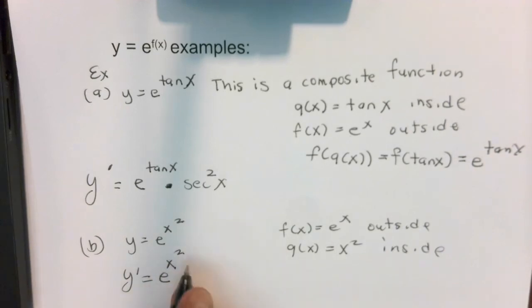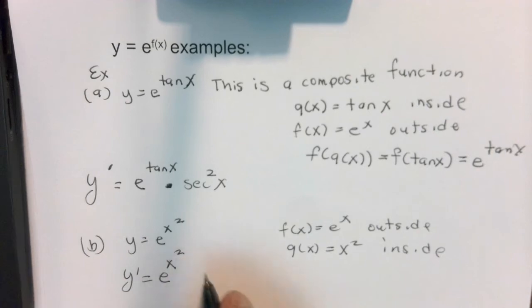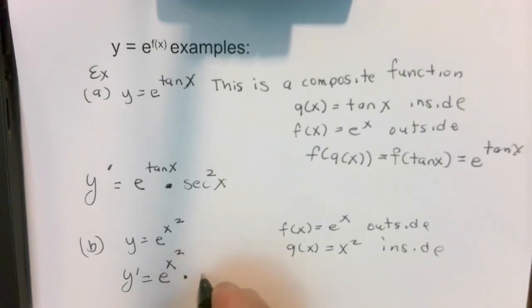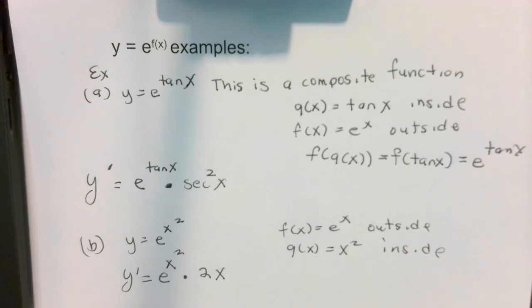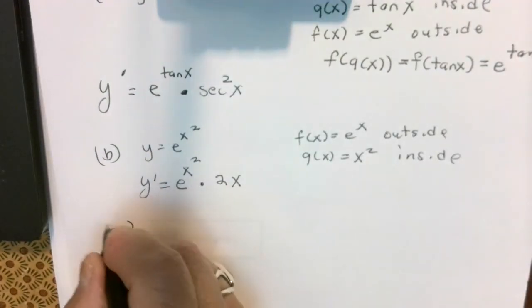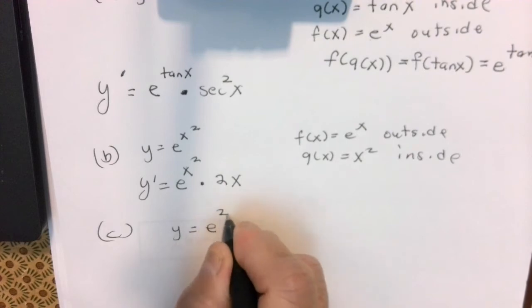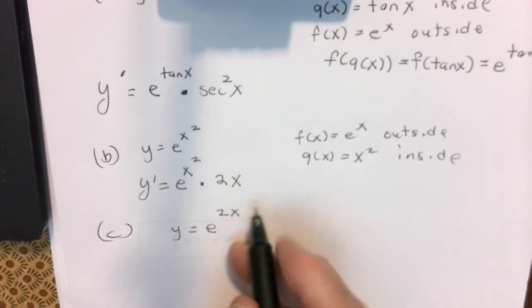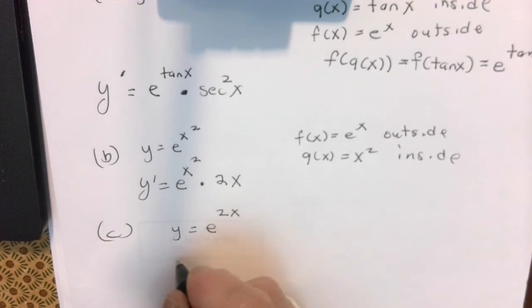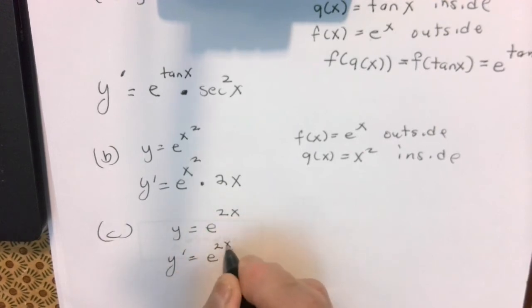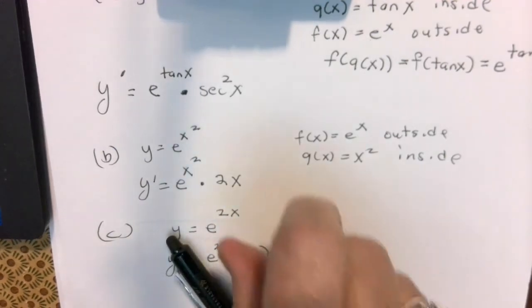We write that with the inside still inside, times the derivative of the inside, or the exponent. And that's what we get. So let's do another example. Y equals e to the 2x. You can see this is the inside, this is the outside. So y prime is going to be e to the 2x times the derivative of 2x, which is 2. And that's my answer.